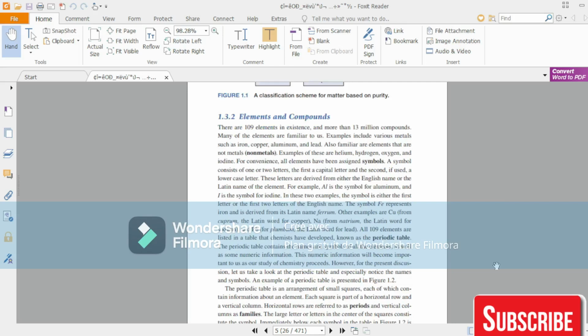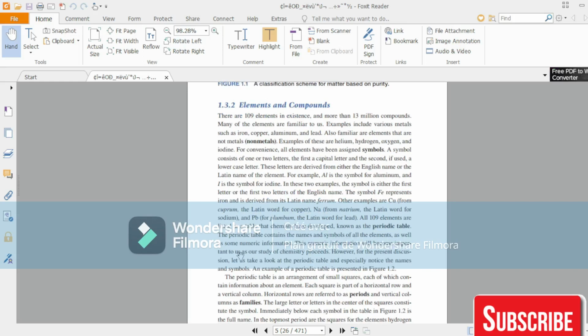The periodic table contains the names and symbols of all the elements, as well as some numeric information. The numeric information will become important to us as the study of chemistry proceeds.